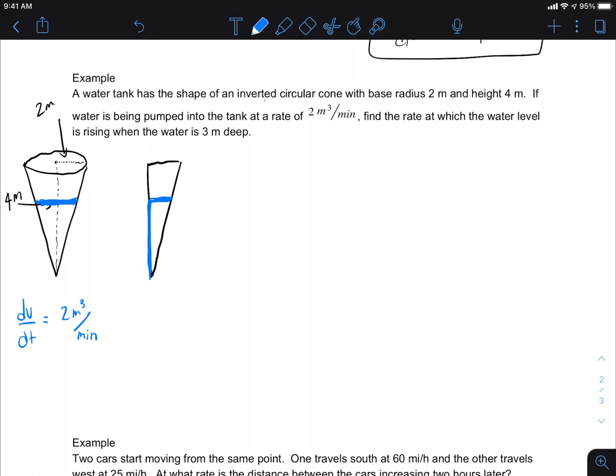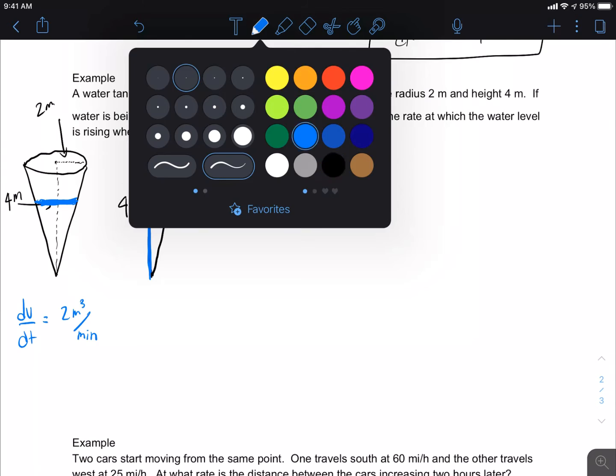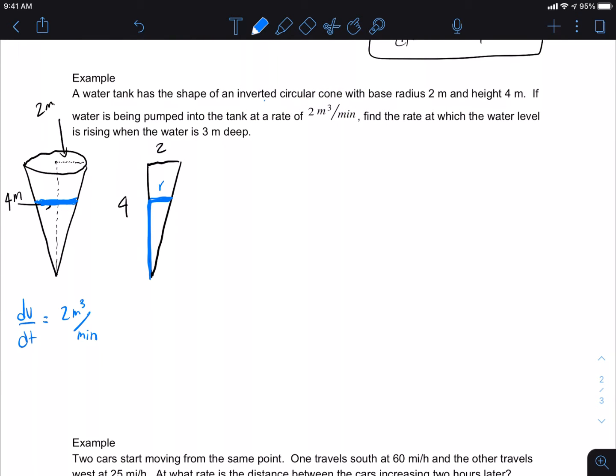Okay? I know the big ratios, 2 and 4, right? I don't know the small ones, so I'm going to call this R and H. That's why I didn't want to label them earlier, because instead of talking about radius and height, I'm going to compare them in terms of triangles. Okay?